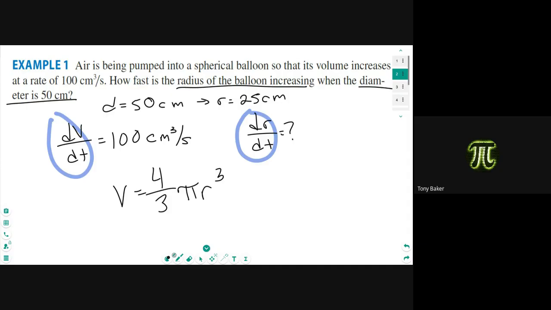Is that going to give me the volume, or is that going to give me the change in volume? Right, but we don't know that. We can find that, but we have the change in volume, and I'm looking for the change in radius. So plugging in 25 for the radius would give me the volume, but that's not going to help me find the change in radius as my volume's increasing.